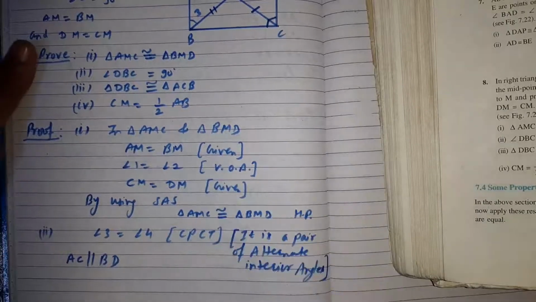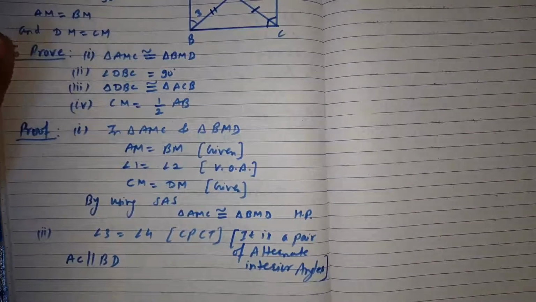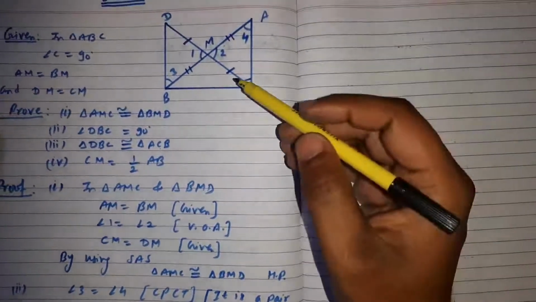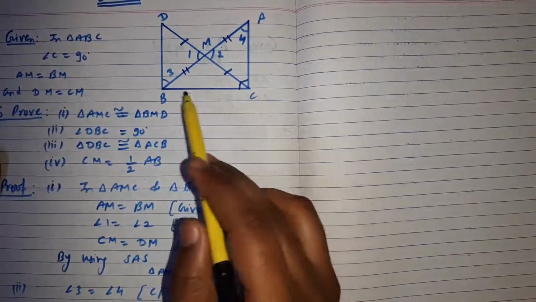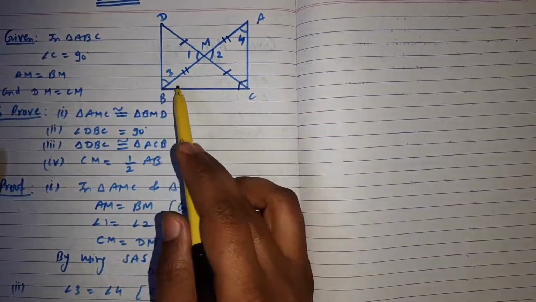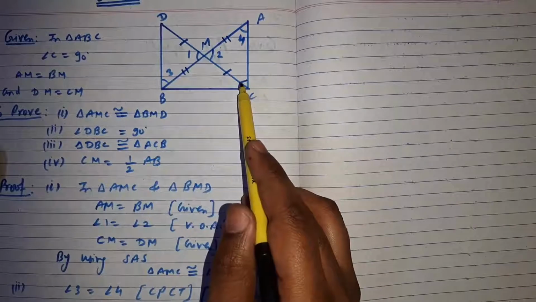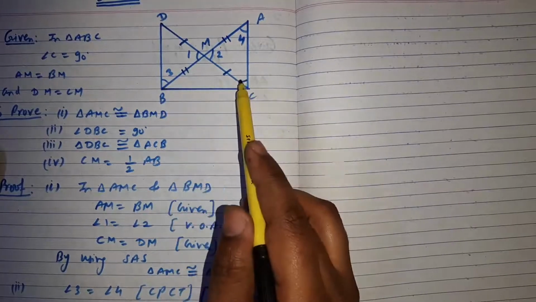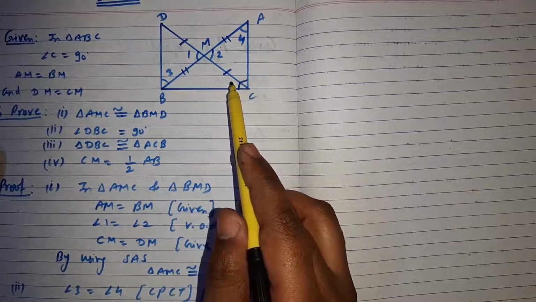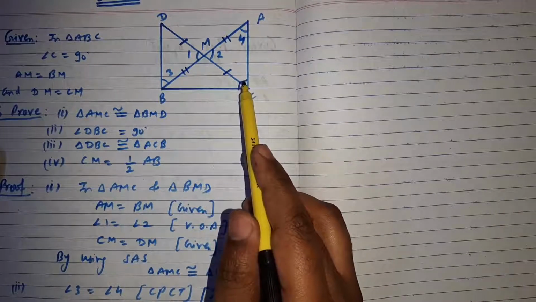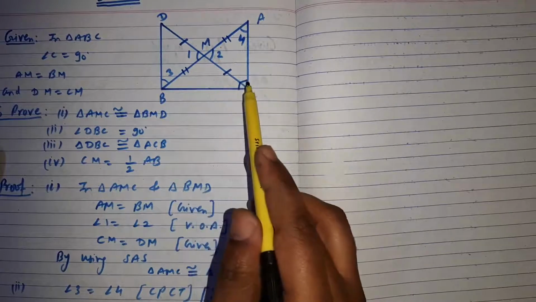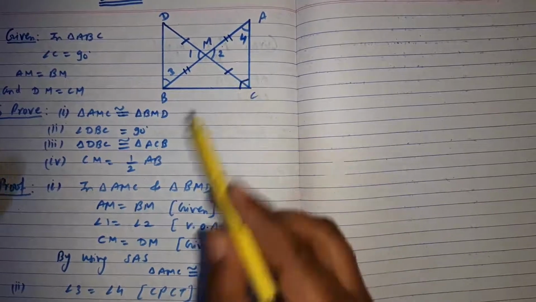Now see the figure, line AC is parallel to BD and BC is a transversal line. So these two angles, angle B and angle C, are co-interior angles, angles on the same side of the transversal, and the sum of these two angles is equal to 180 degree.